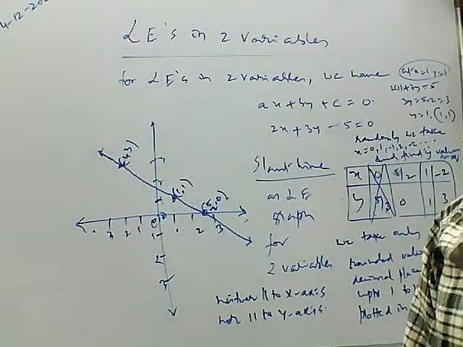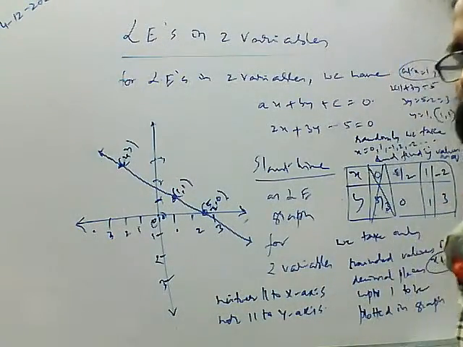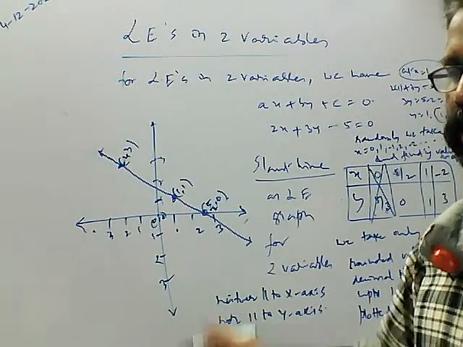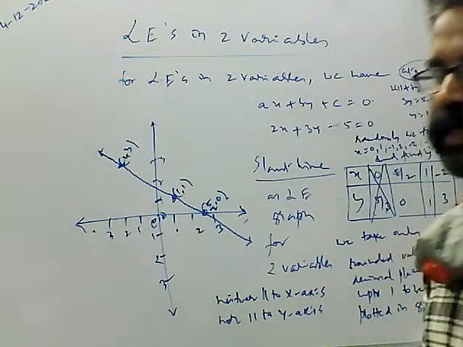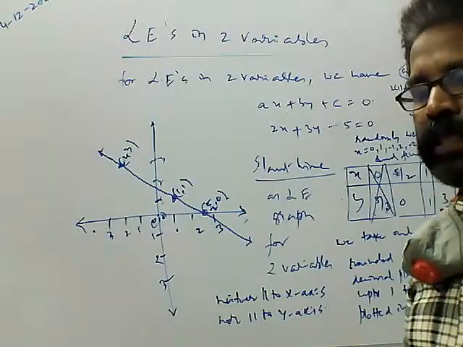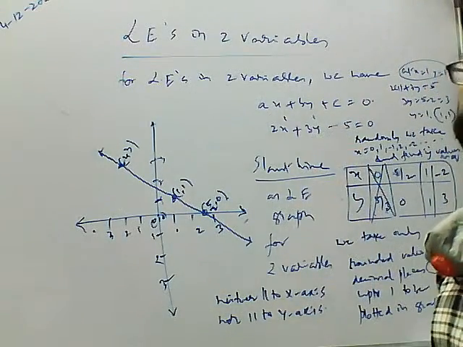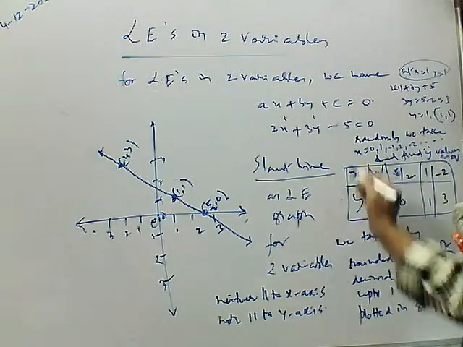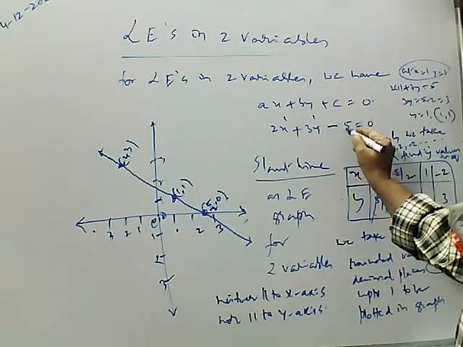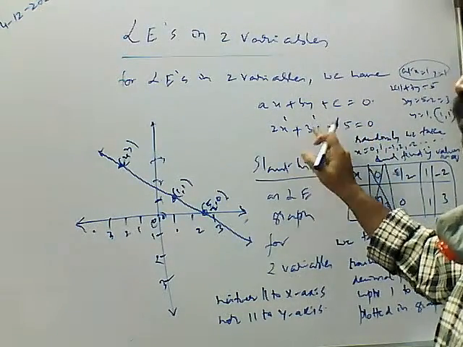So the linear equation in two variables has a graph with a slant, and it is neither parallel to x-axis nor parallel to y-axis. In this case, both variables have degree 1, so it is called linear, and the equation is there to balance left and right. So, equation in two variables.